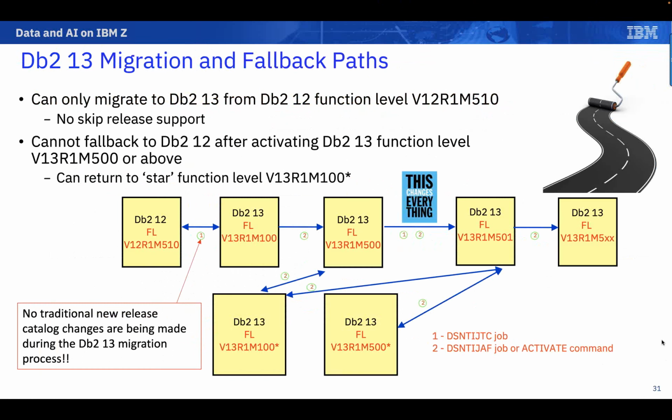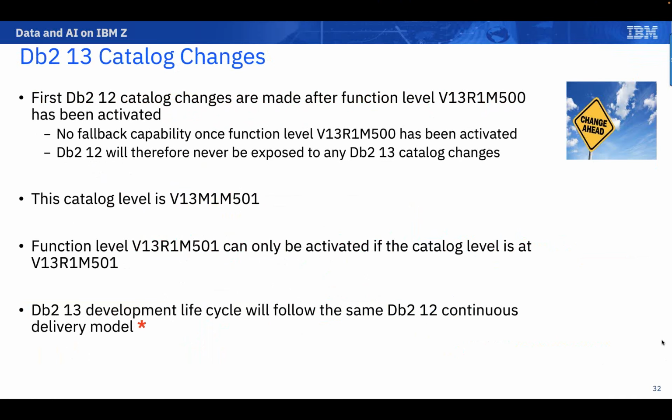So the first version, let's see, I guess that should say the first DB2 13. Anthony and I had gone through this many times, and now I see this for the first time. So it's the first DB2 13 catalog changes are made after you get to V13 R1 M500.